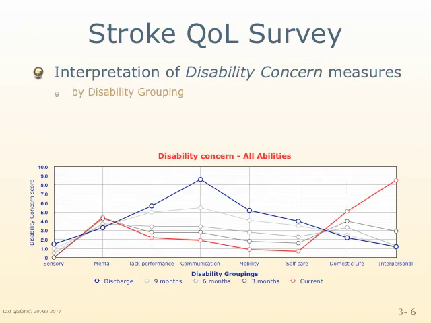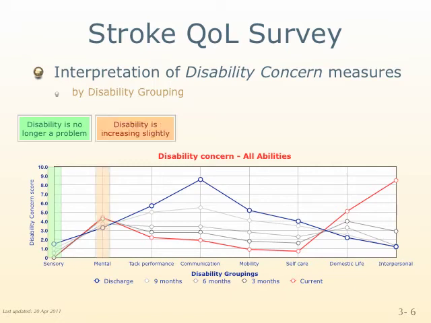The graph illustrates 4 different aspects of this hypothetical stroke survivor's recovery. First, it shows that while the survivor has a slight concern about sensory disabilities at the time of discharge, those concerns no longer exist. So either the sensory problems have resolved themselves over time, or any treatments for sensory disabilities were successful.